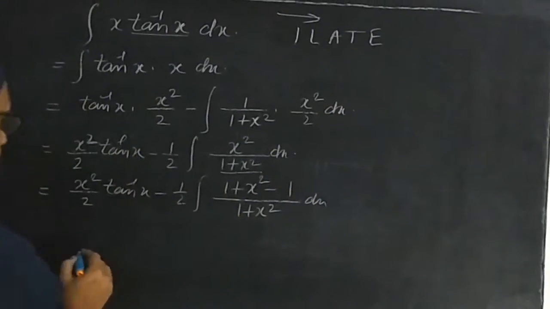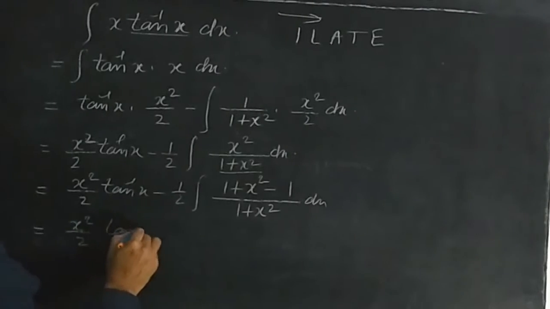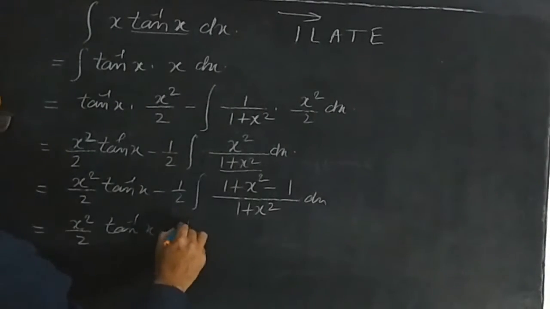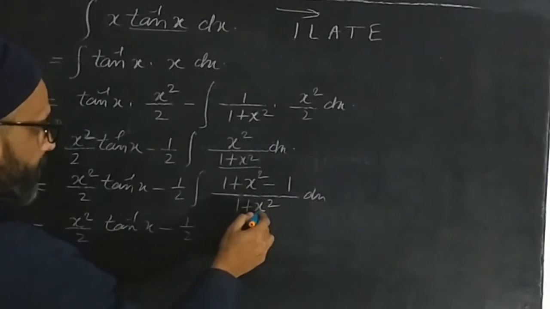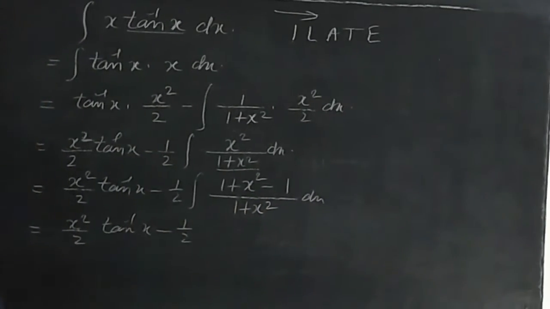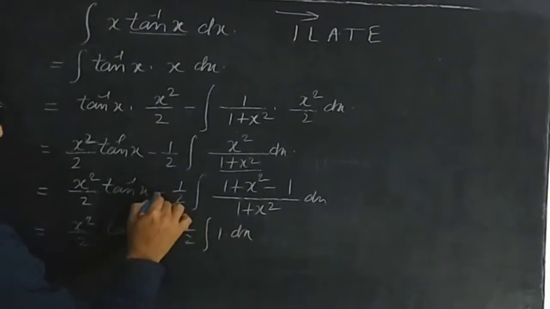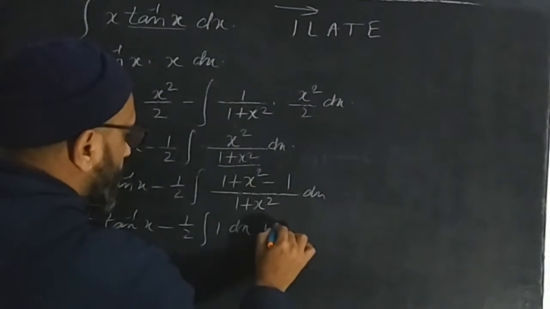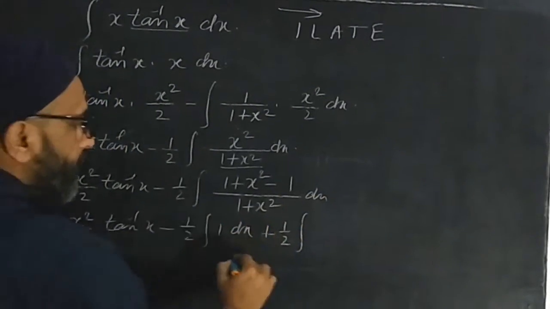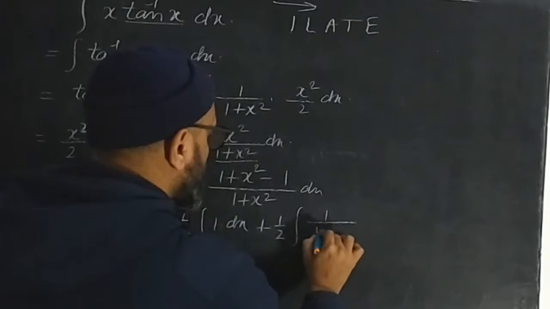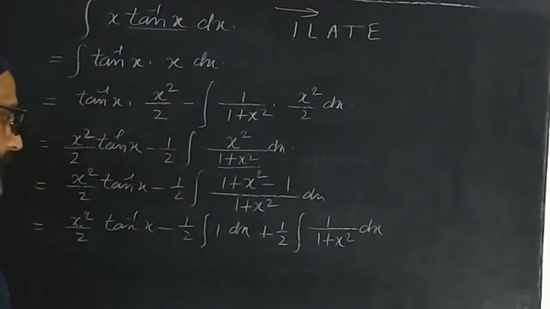Now we may split them up: x square upon 2 tan inverse x minus half, and when we split them up, 1 plus x square is divided by 1 plus x square exactly, and we have only 1 dx, and here minus into minus is plus half integral of 1 upon 1 plus x square, which is easily integrable.